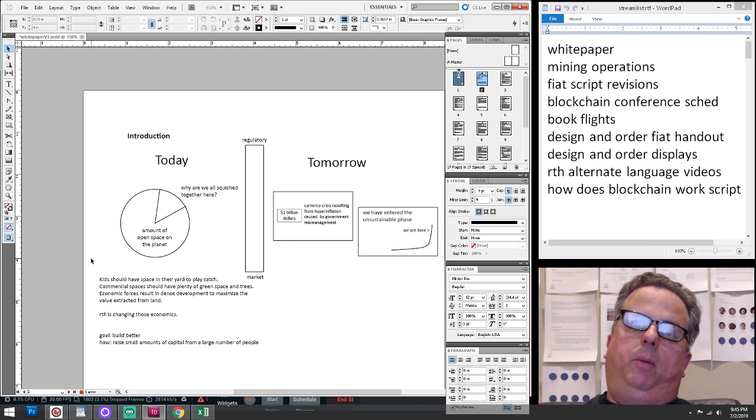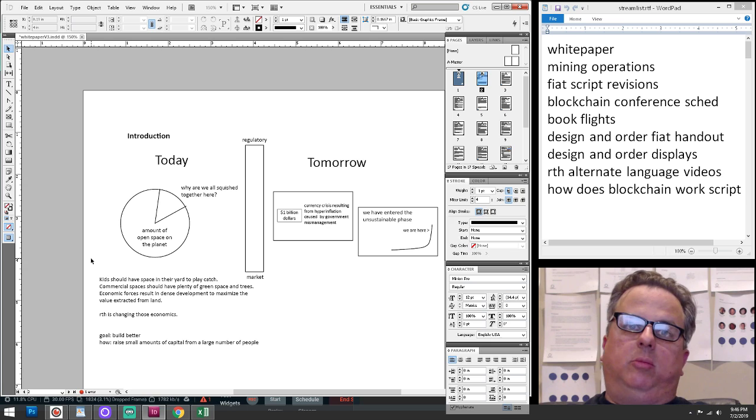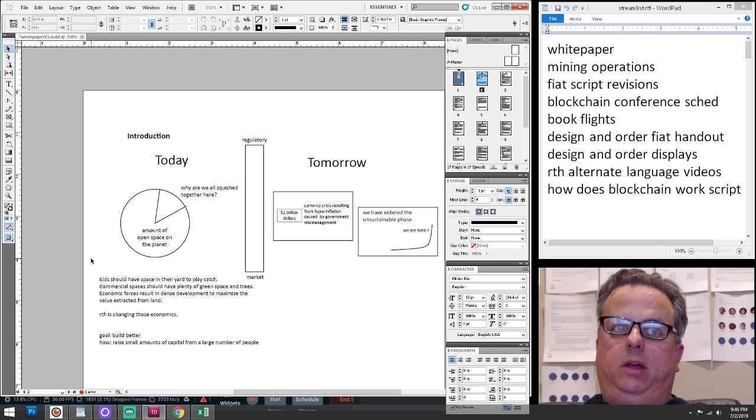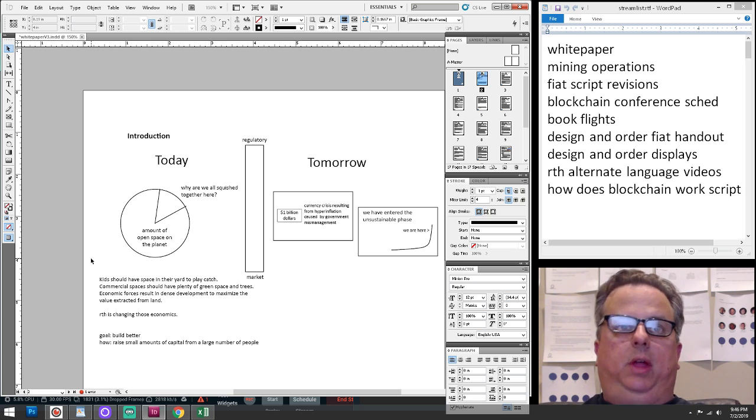And so the more real estate that the Earth Project owns, the more valuable the Earth Project is. And so from that perspective, we're very much a build and grow a massive real estate portfolio.